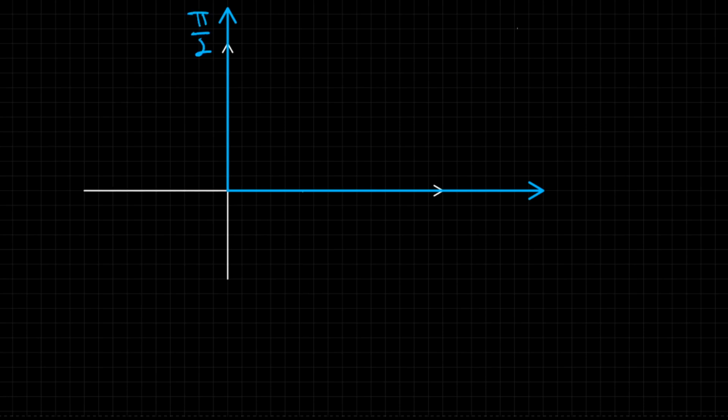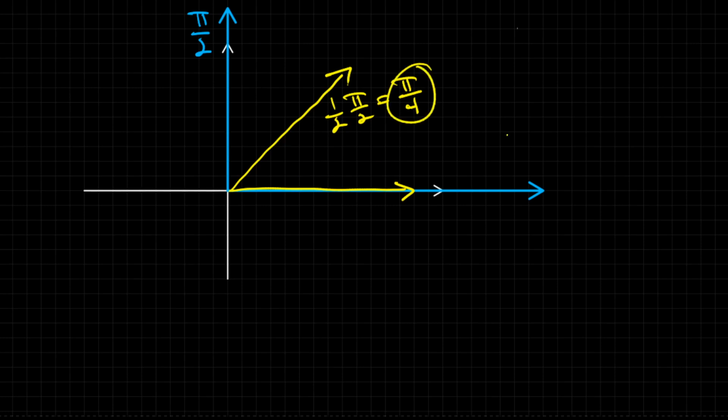And if you were to only go halfway, then half of pi over 2 is pi over 4. So halfway between pi over 2 and 0 is pi over 4.